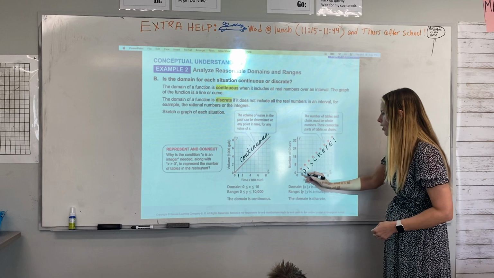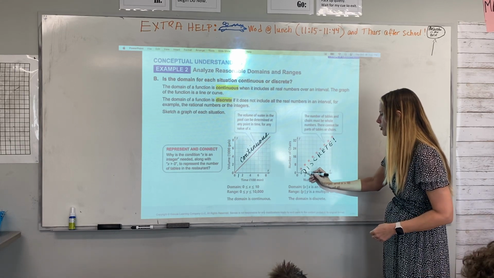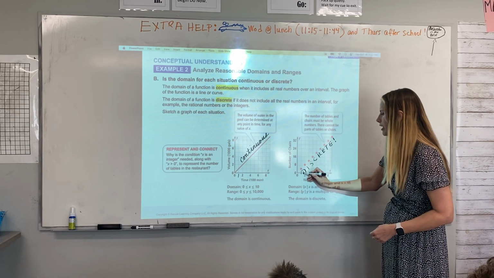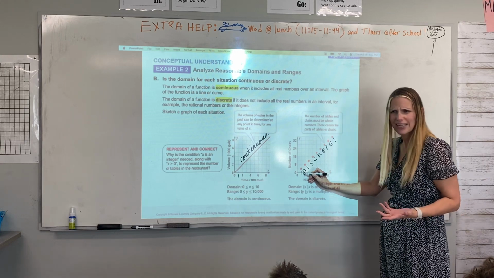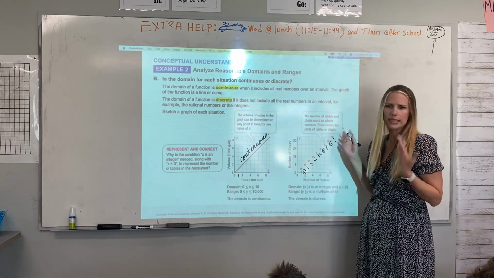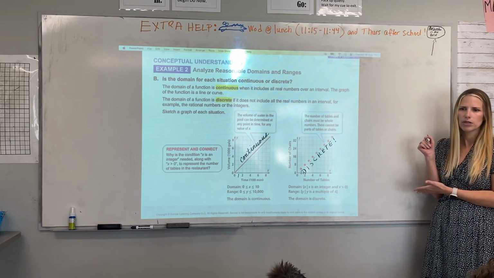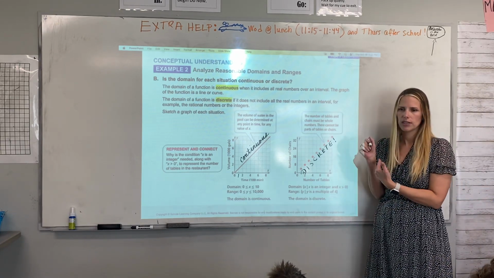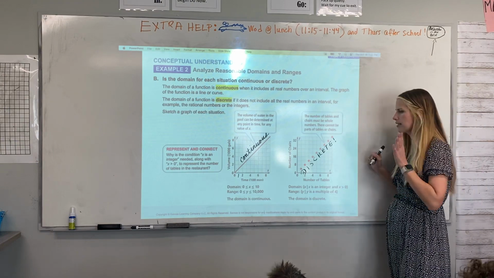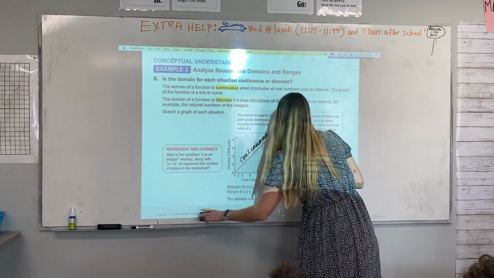We wouldn't be trying to get chairs for a half of a table. So it's simply a discrete domain. It's just hopping from whole number to whole number, or from interval to interval. Whole numbers in this case, but it doesn't necessarily have to be just whole numbers.